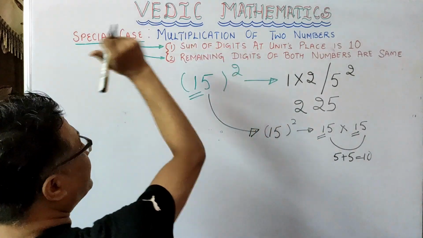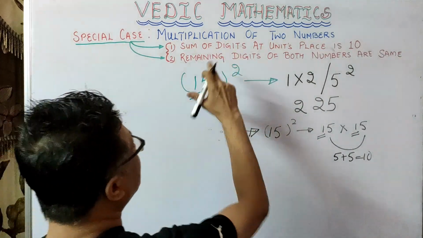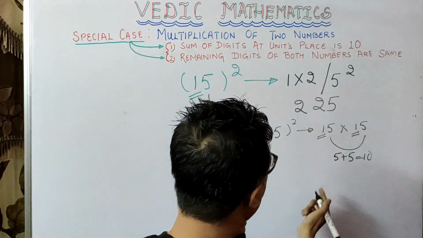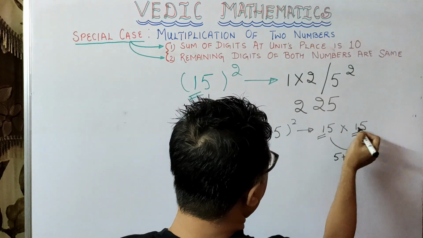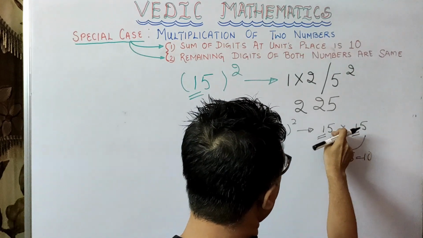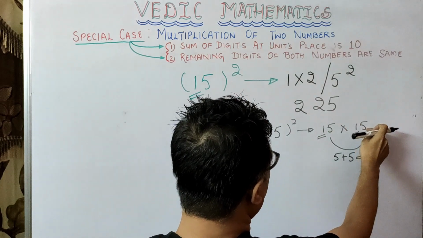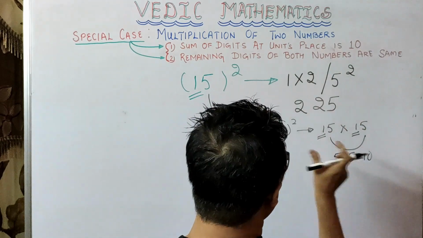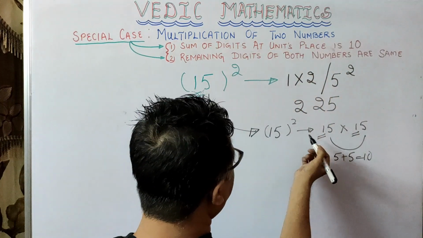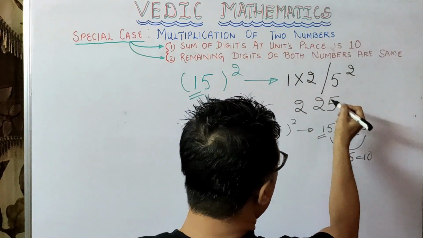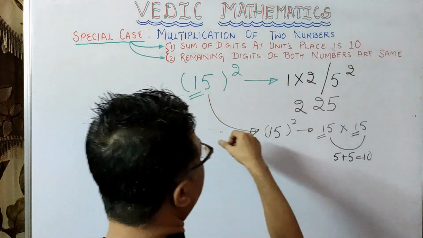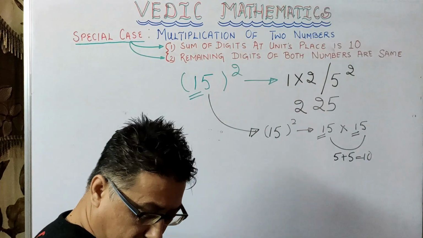And these are exactly the two conditions that we have mentioned over here. The sum of digits at the units place is 10: 5 is at the units place, 5 is at the units place, and the sum is 10. And the remaining digits of both numbers are the same. So the remaining digits of both numbers, 1 and 1, are the same, because this is multiplication of 15 by 15.